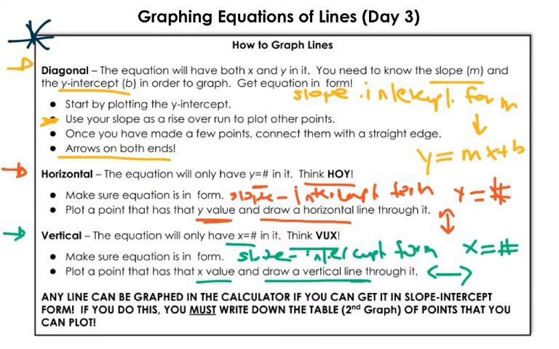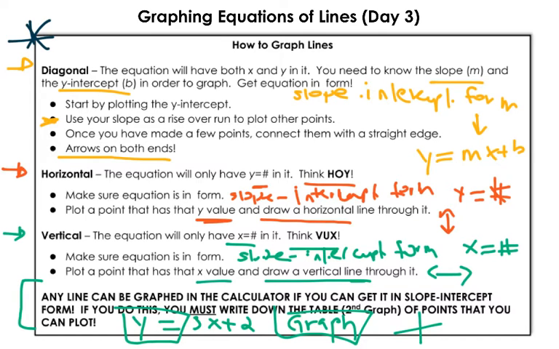Any line can be graphed in the calculator if you can get it into slope-intercept form. If you do this, you must write down the table's second graph of points that you can plot. Okay, so if you go into y equals and you put in your equation, let's just say, for example, your equation is 3x plus 2. And then after you go to the y equals button, you put that in, you could then click graph, the next button, and it'll show you what this graph would look like.